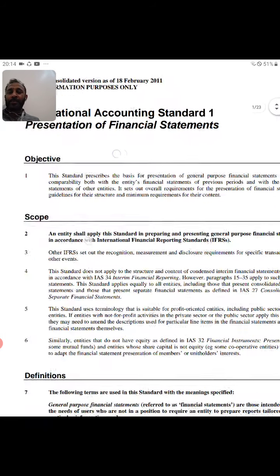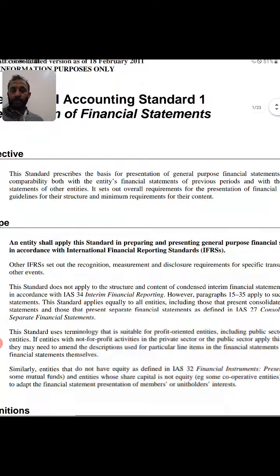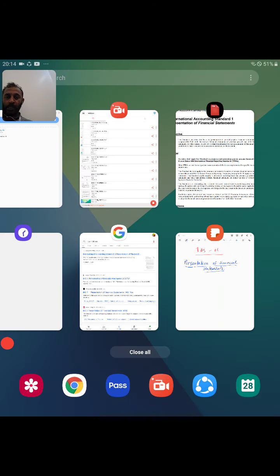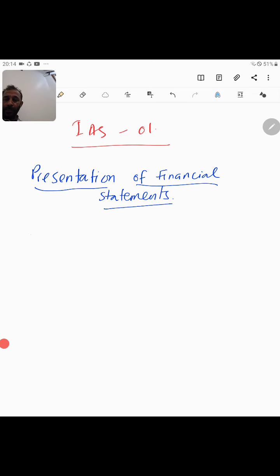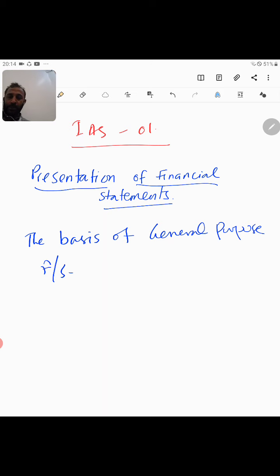The first thing we want to go through here is the objective. The objective of IAS 1 is to prescribe the basis of presentation of general purpose financial statements. When I say general purpose financial statements, that means we are not going to address any industry-based set of financial statements.